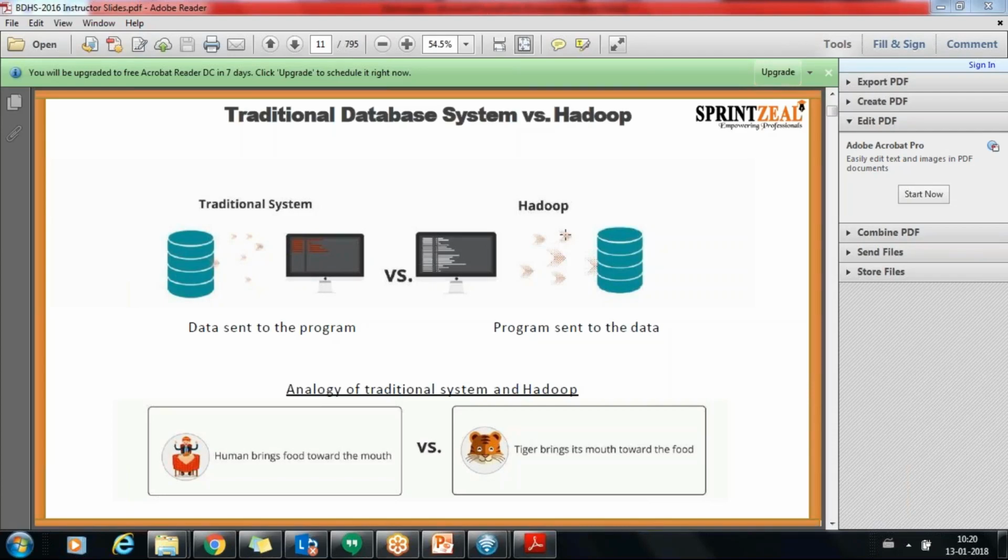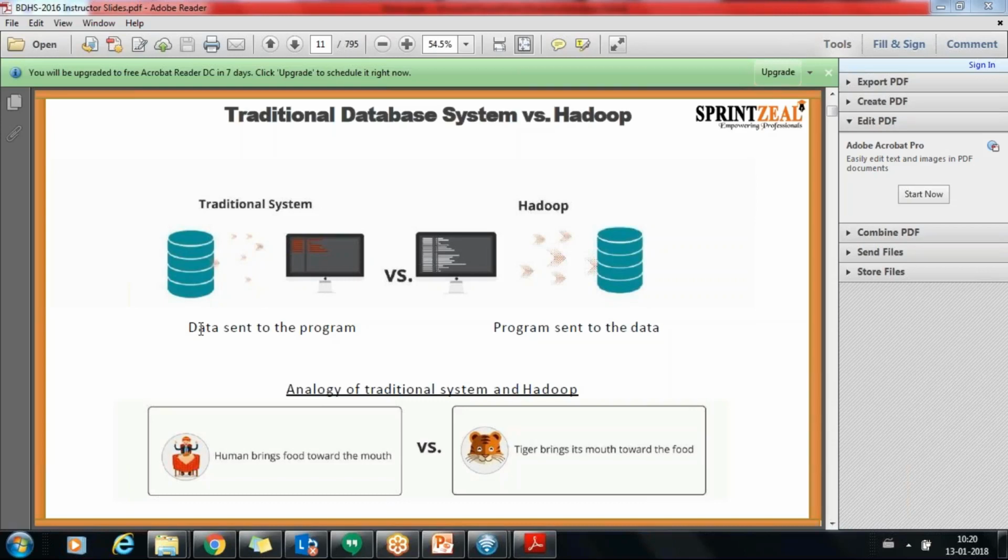We write programs which connect to that database, pulling out the data where the program is running. Let's say you have an application server and a database server. The application program connects to the database server, pulls out whatever data it needs, and then you do whatever you want to do with the data, right? Any traditional program works like that.